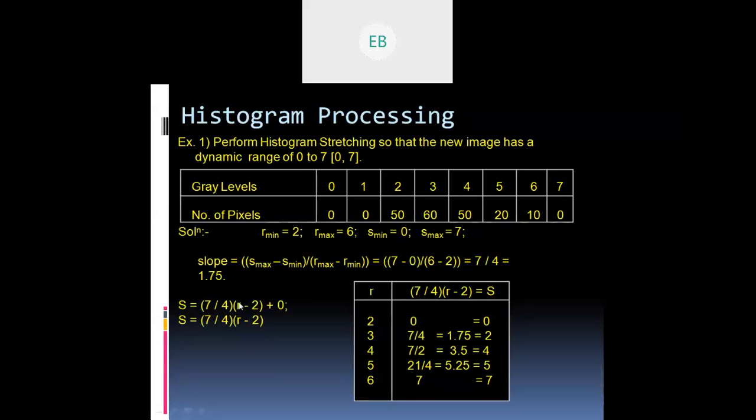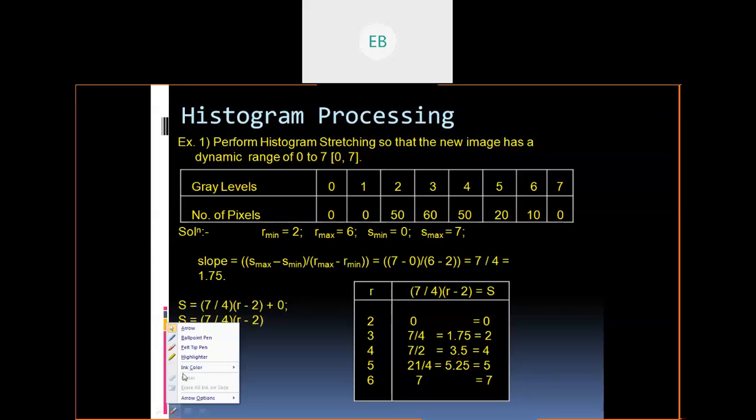Here we have to calculate this small r. So small r minus, that is r minus r minimum, that is r minus 2 plus 0. Plus 0 is nothing, just discard this value. Just take this equation now.